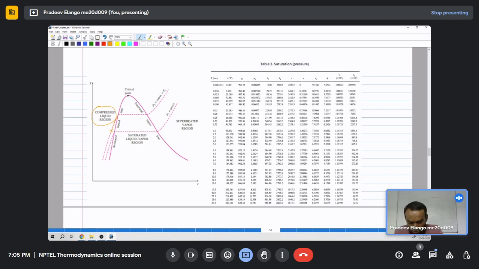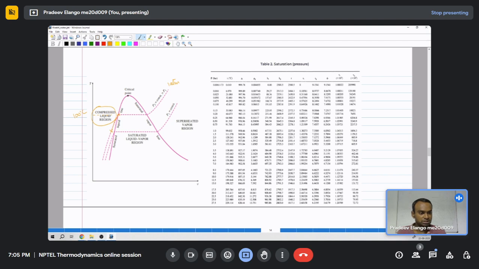The volume of the liquid also rises, and after reaching the saturation line, say for atmospheric pressure, that is 1 bar, 1 atmosphere, this temperature is around 100 degrees Celsius, after which the liquid will start to become vapor.